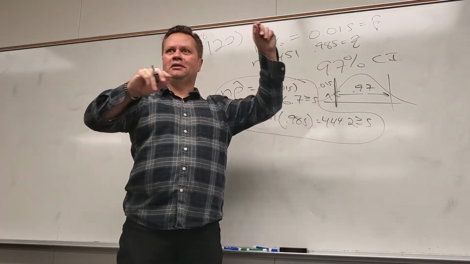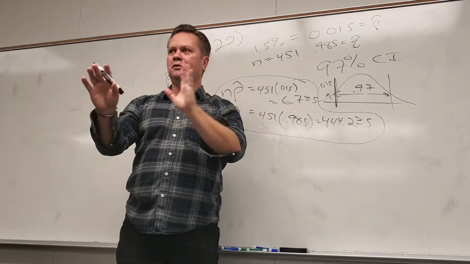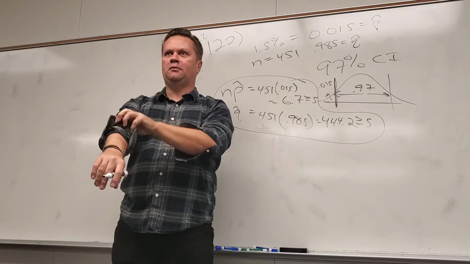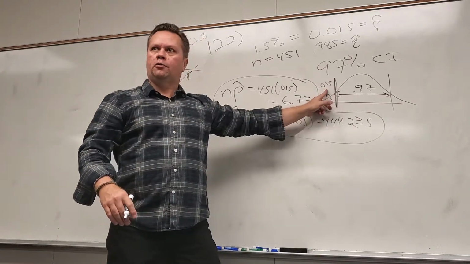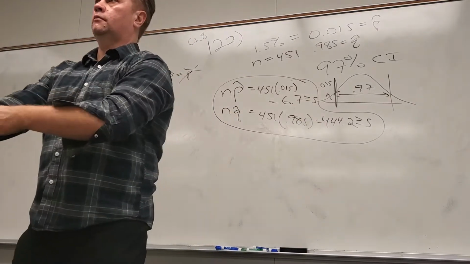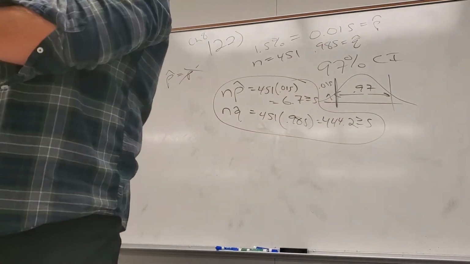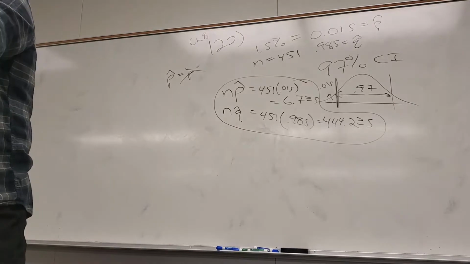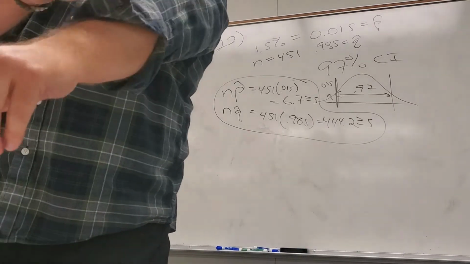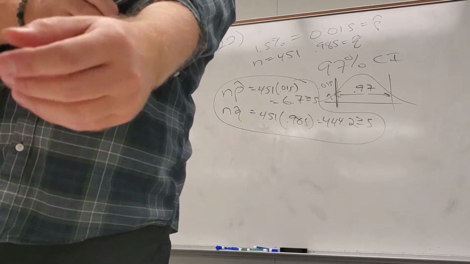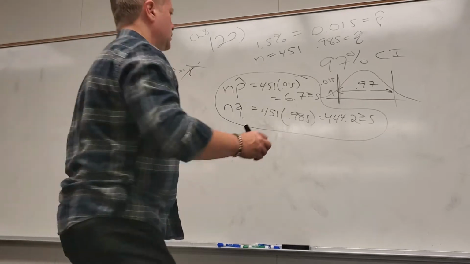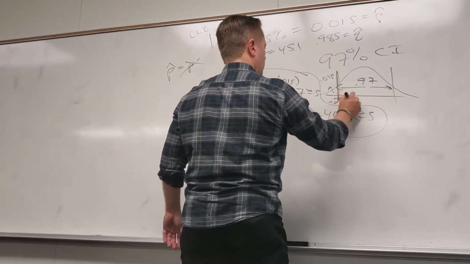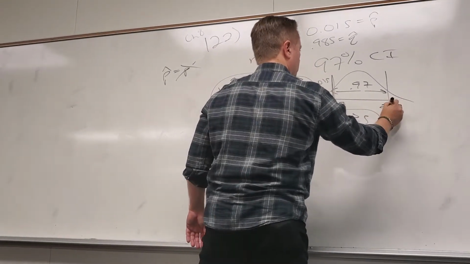Don't make anything big out of that. Can you find the Z-score for this 0.015 area? 2.17? That sounds reasonable. Anybody else verify that?